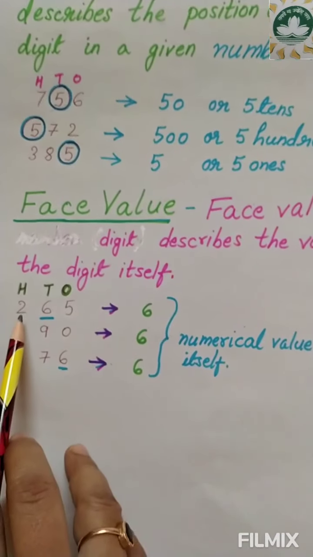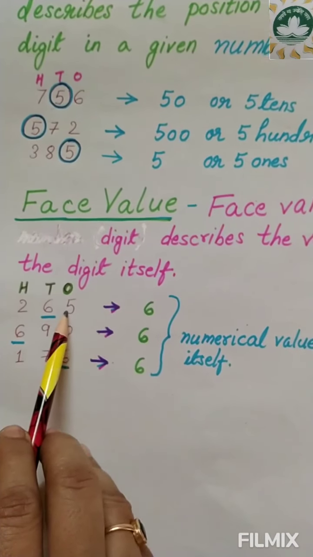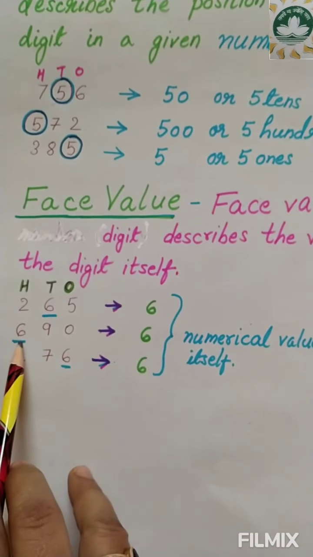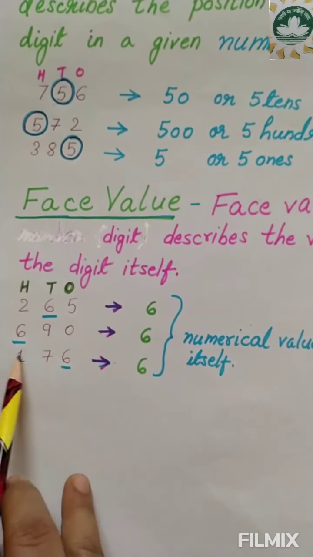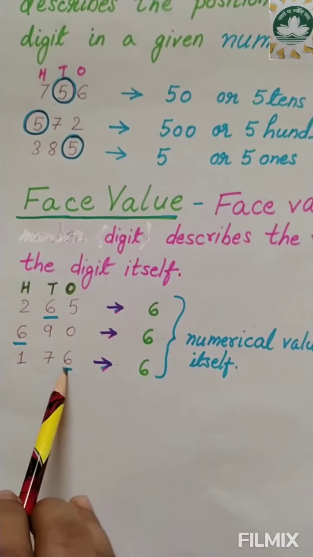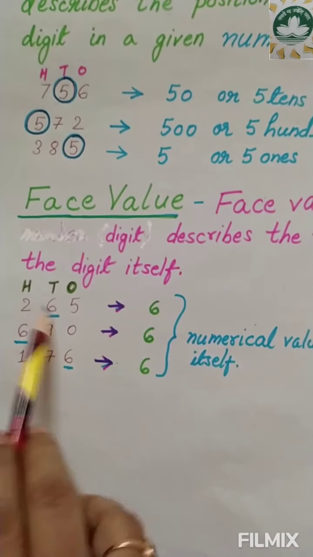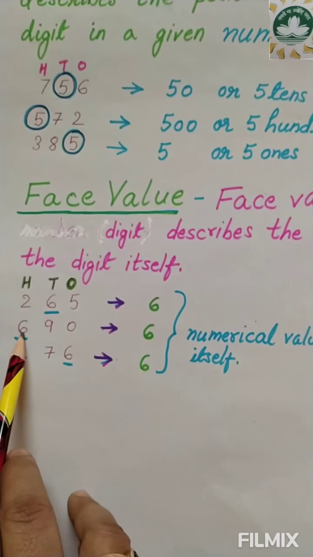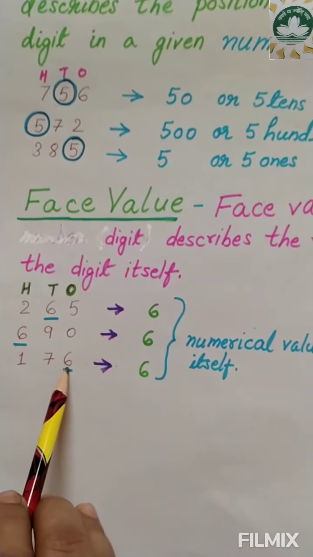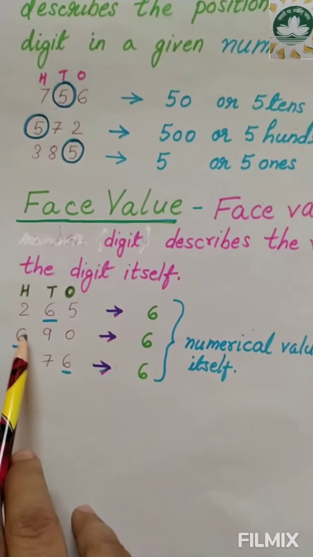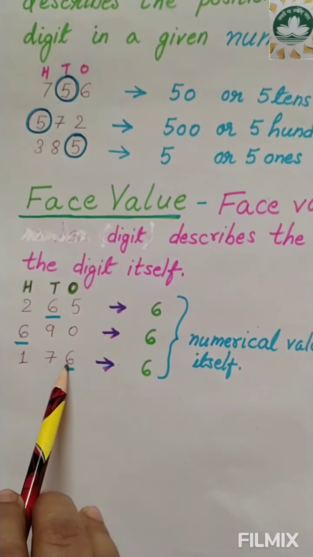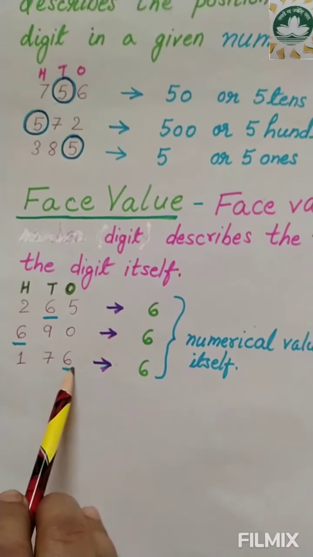So here, suppose 265. Here 6 looks the same as in 690 and 176. Only the position of 6 changes. Here the position is tens, here the position of 6 is hundreds, and here the position of 6 is ones. But the way 6 looks, the way we are writing 6 in all the 3 places remains the same.